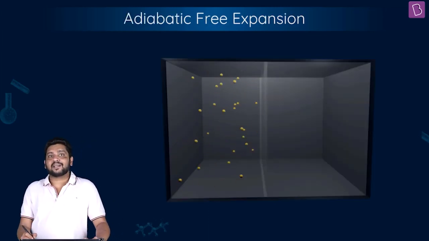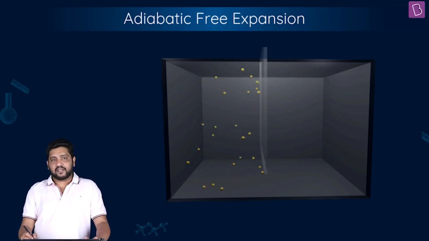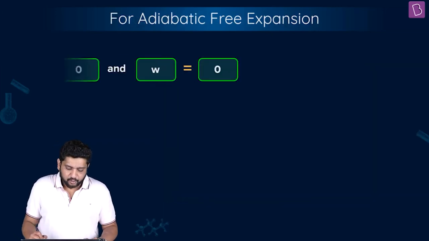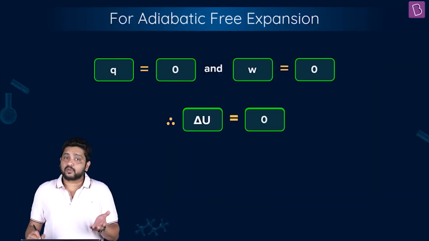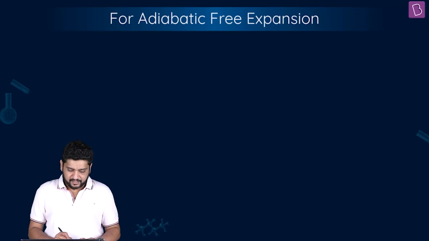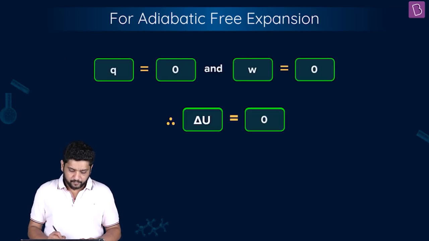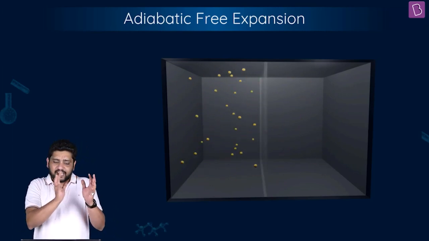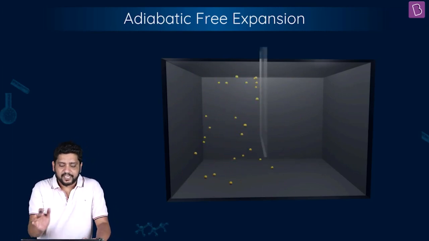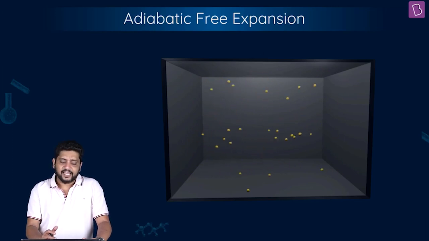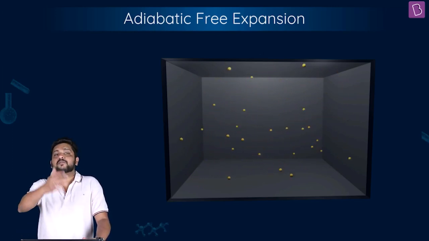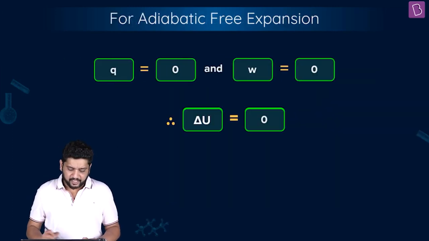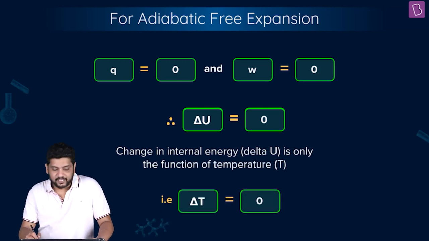A change in delta U is an indicator of change in temperature of the system, right? What is shown here is that originally the gas was confined in one compartment, the other compartment was vacuumized, and when you allow the gas to expand into it, this process is called free expansion. And because everything is 0, you can say that the change in temperature will also be 0.